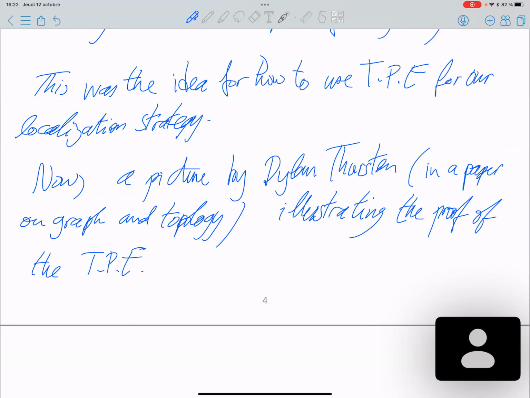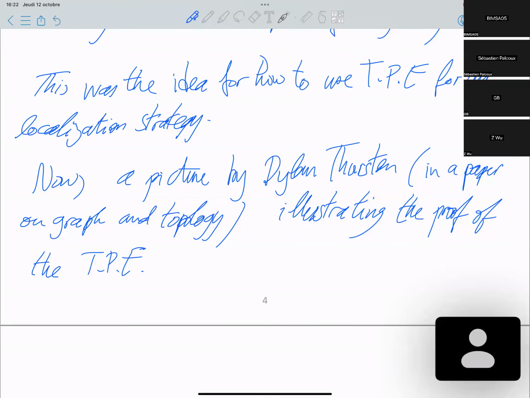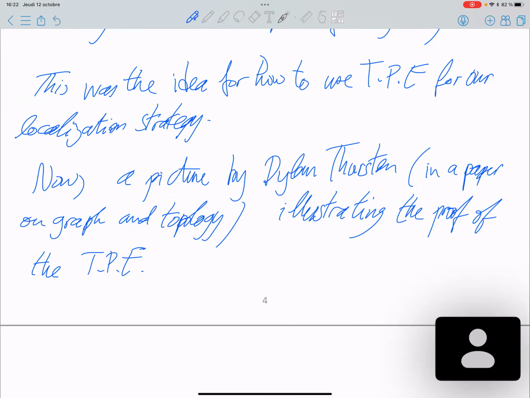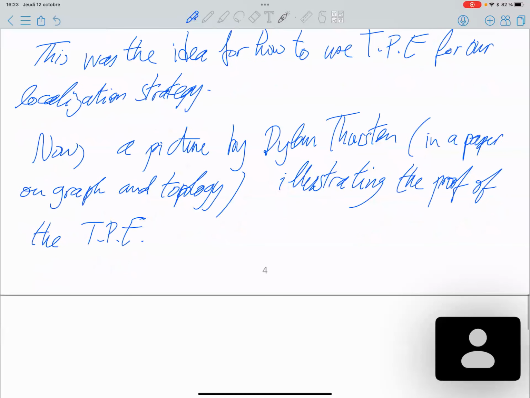And in fact, the reformulation we provided in this paper, which will be covered in this course, was done before knowing the picture of Dylan Thurston. So we were very surprised to discover this picture, which is a perfect illustration of the idea of our proof. So this is very nice. Illustrating the proof of the TPE.